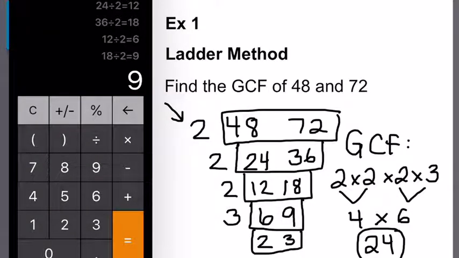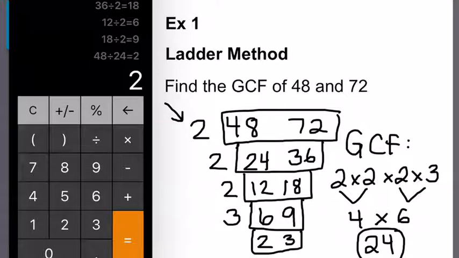And remember, it's a factor of 48 and 72, meaning your GCF, you should be able to divide both the 48 and 72 by your GCF. So let's just check and make sure we did it right. 48 divided by 24 is 2.